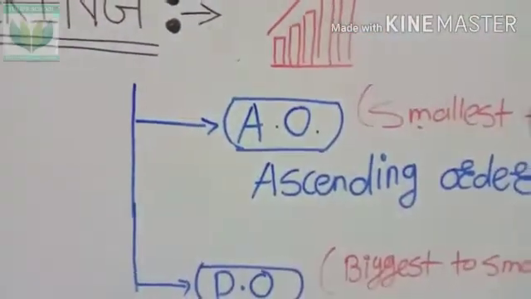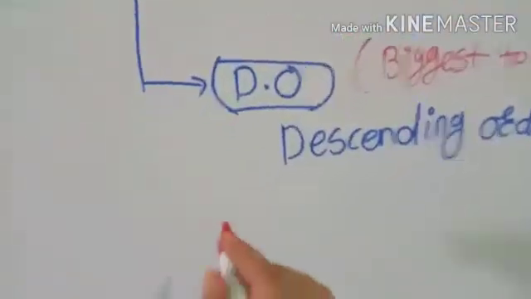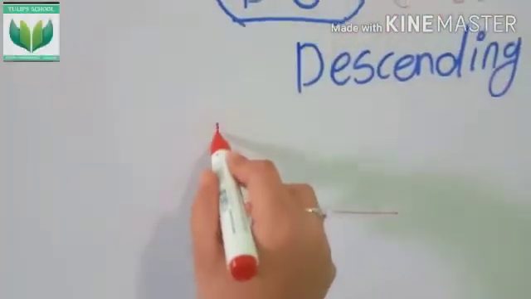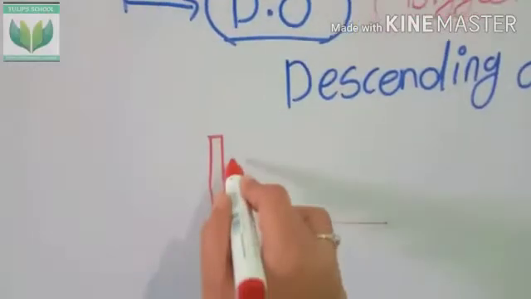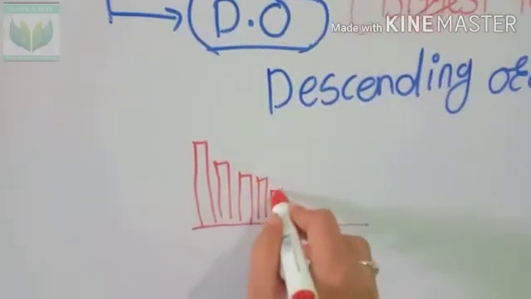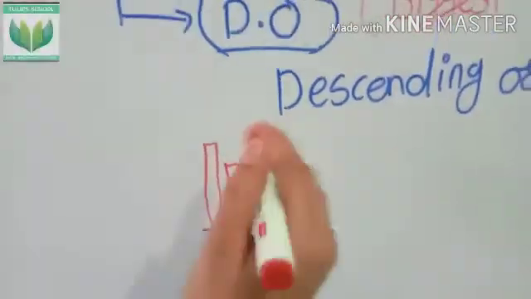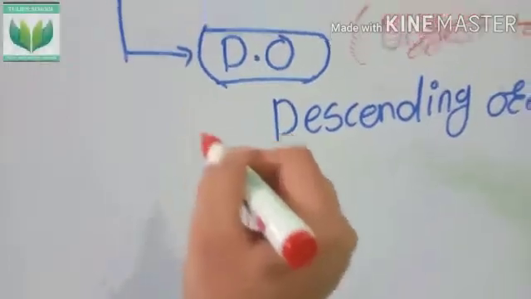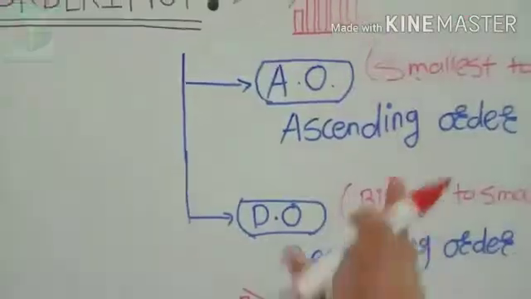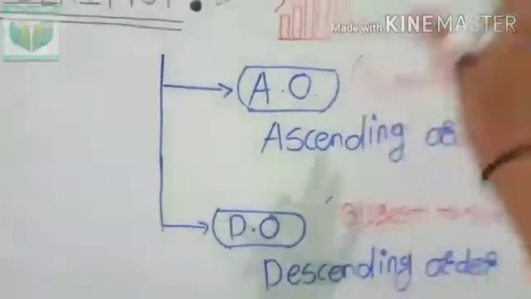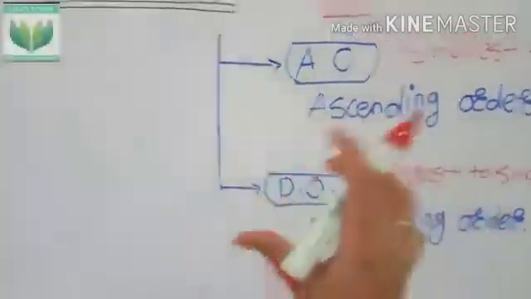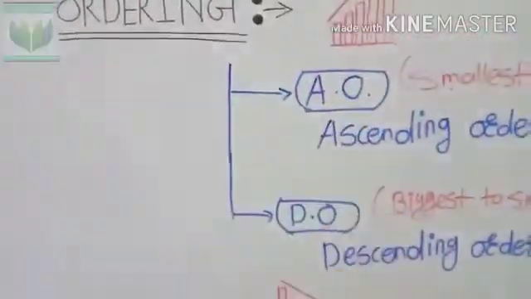Descending order is the opposite of ascending order: we move from the biggest number to the smallest number. It is also called decreasing order. I hope you understand this. Ascending means smallest to biggest, and descending means biggest to smallest. Now let's see an example on the basis of ordering.